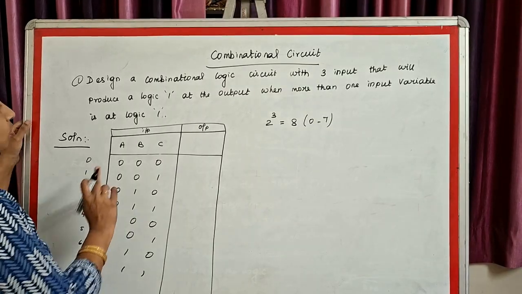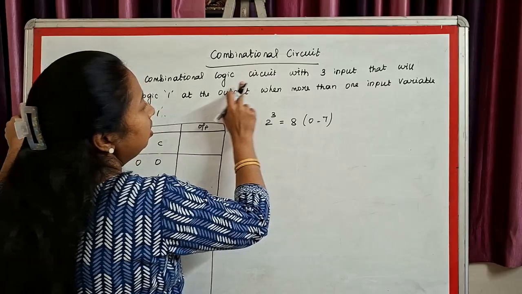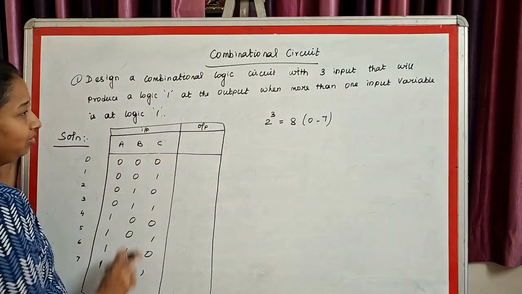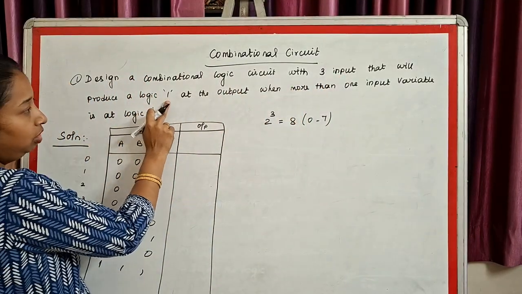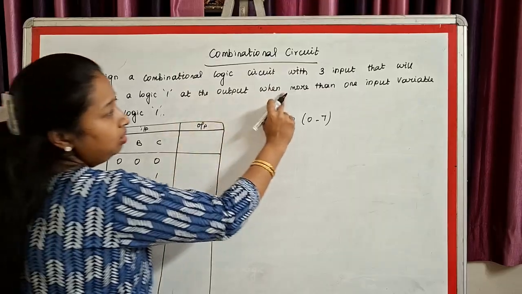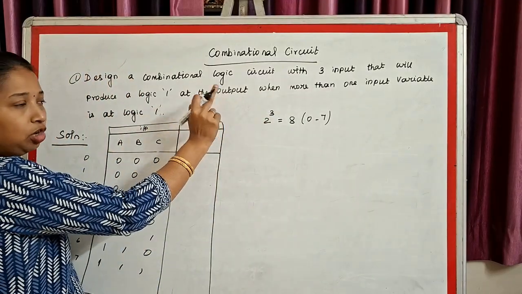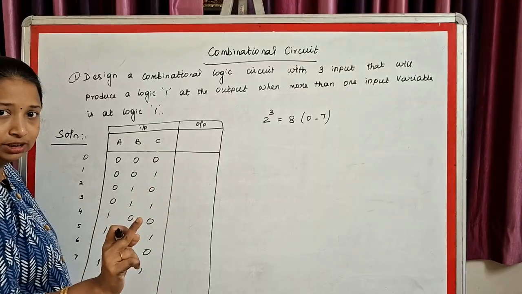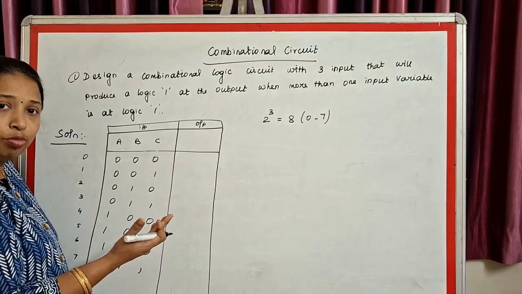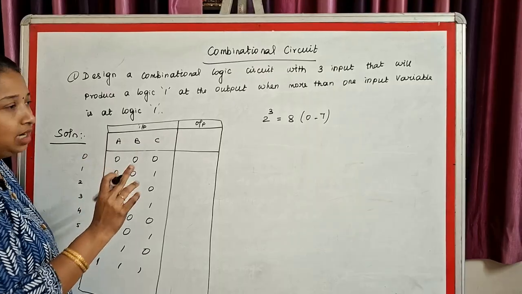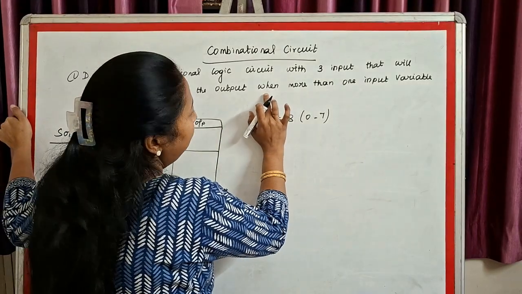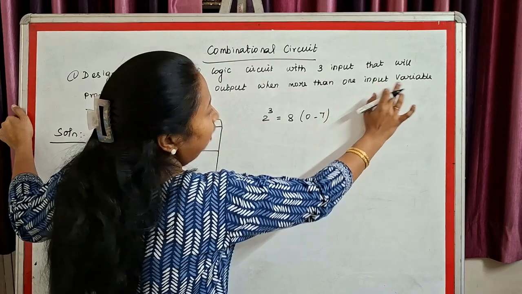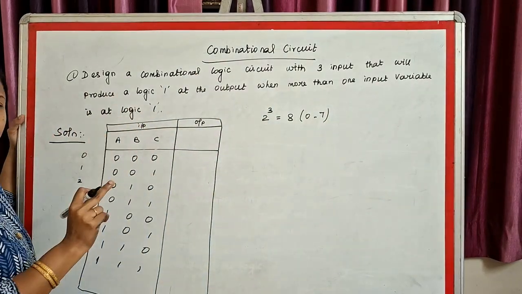Right? Now, coming back to the question. The circuit with 3 inputs, we have written here. That will produce a logical 1 at the output. Meaning wherever the output is 1, we have to consider that only. But what is the output? They have not given it directly. They have given a clue for you there: when more than 1 input variable is at logic 1.